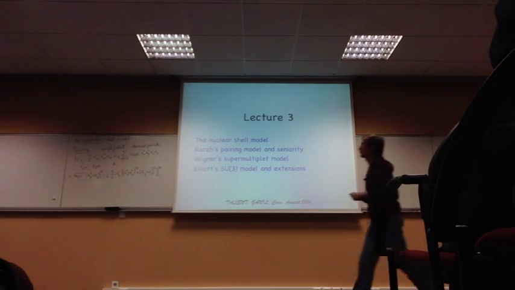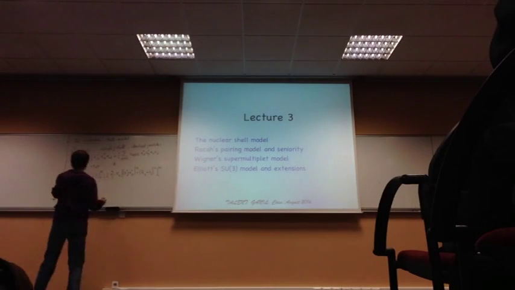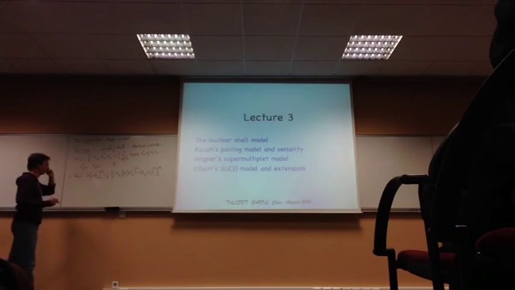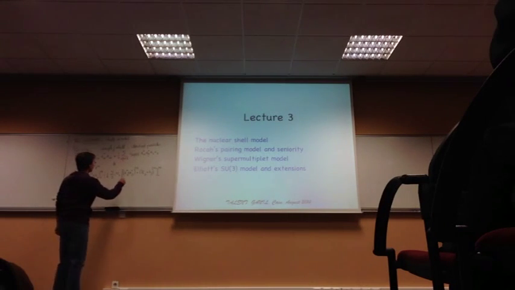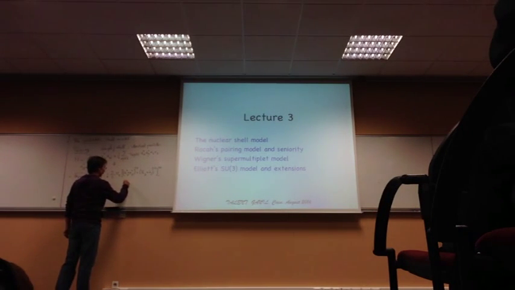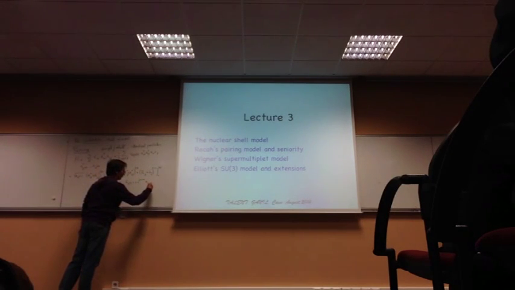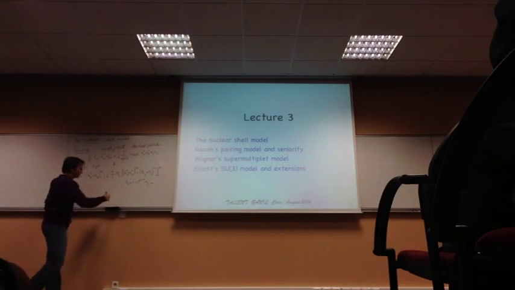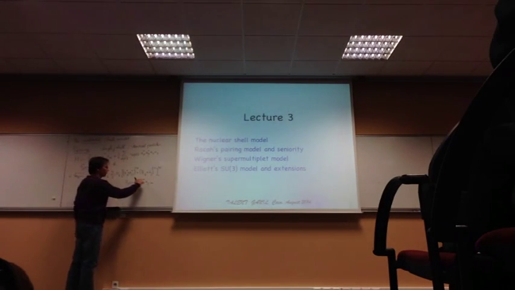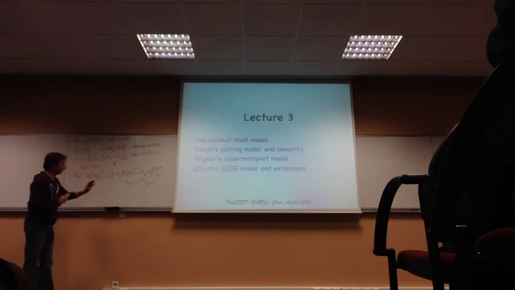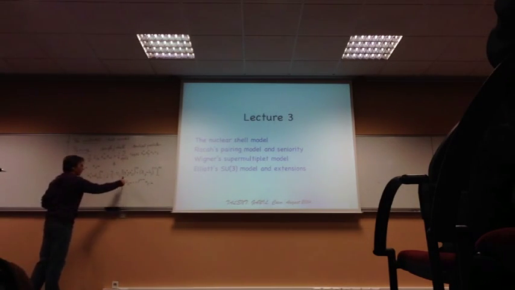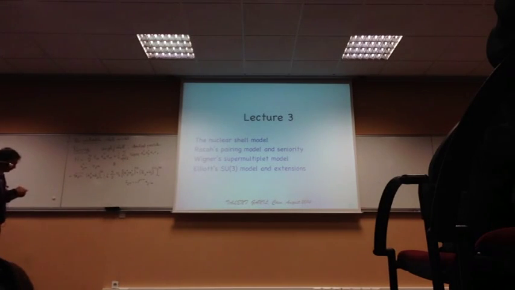So what is all this? Well, one thing I have to explain, this was also already mentioned by Jan Jolie, I believe. You have these tildes over the operators, and this is just to make it a spherical tensor, (-1) to the j minus m. I will follow this convention. Some people, like Jan, follow the convention with a minus sign. This is just an overall sign in the operator, so it's a matter of convention, but you have to stick to this convention.